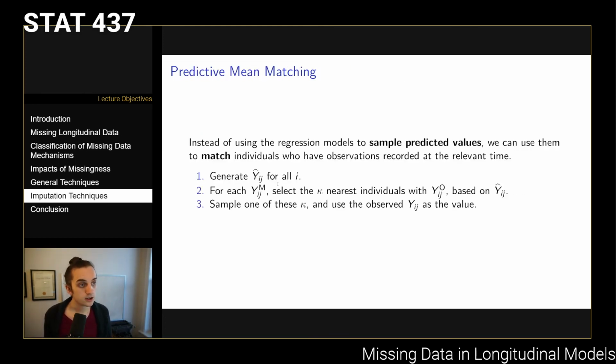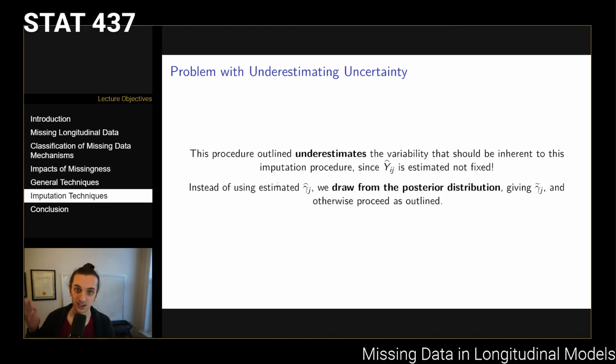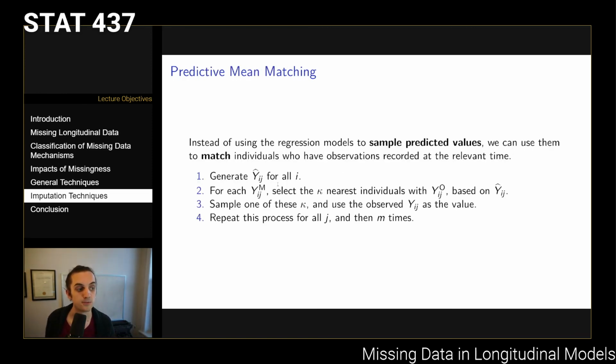Here, as long as you specify a model which correctly matches people together, so that the people you're saying are closest to your observed value are actually closest, whether or not your predictions are correct in the overarching sense, as long as you're keeping similar people close together, this is still going to work. So in general, we're going to prefer predictive mean matching, but I think the regression situation, where you just fit progressive regression models and estimate using them, is more intuitive.